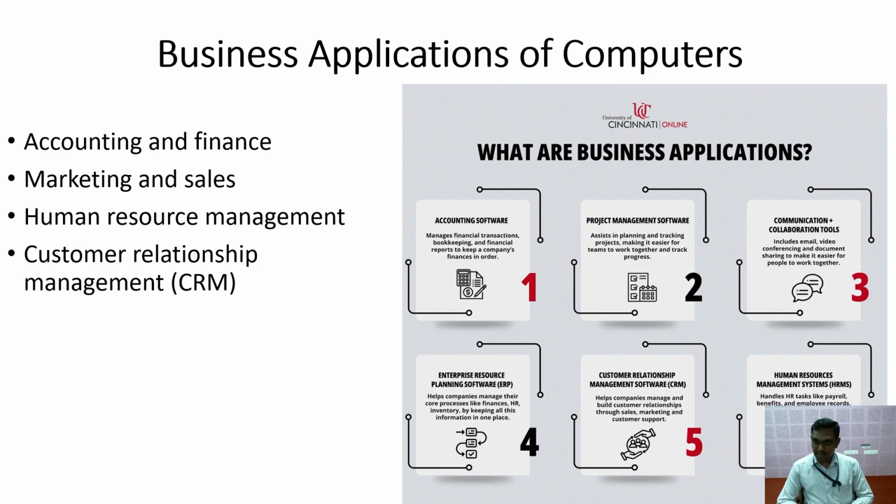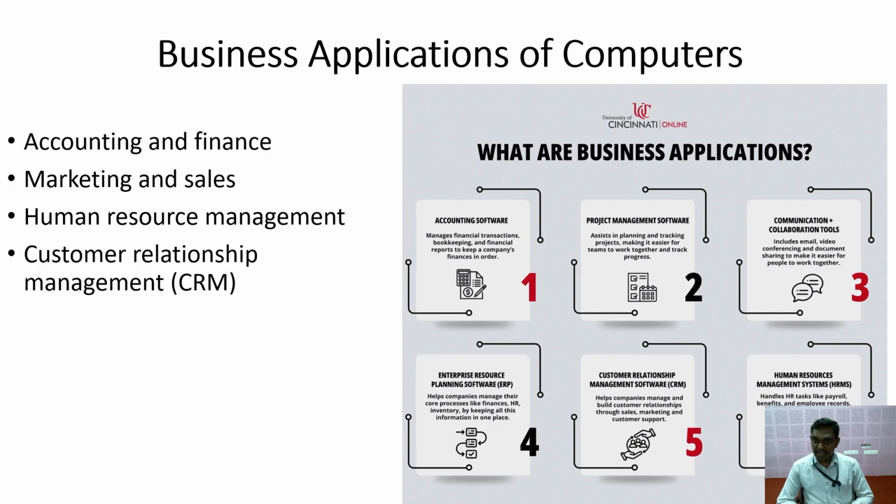And the second one is project management software. It assists in planning and tracking projects, making it easier for teams to work together and track progress. If we do anything in a business or other activity, that is called a project.